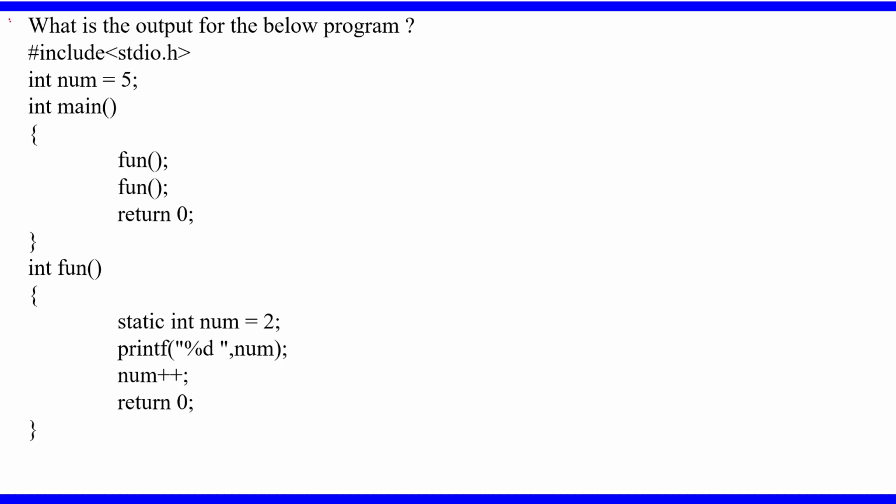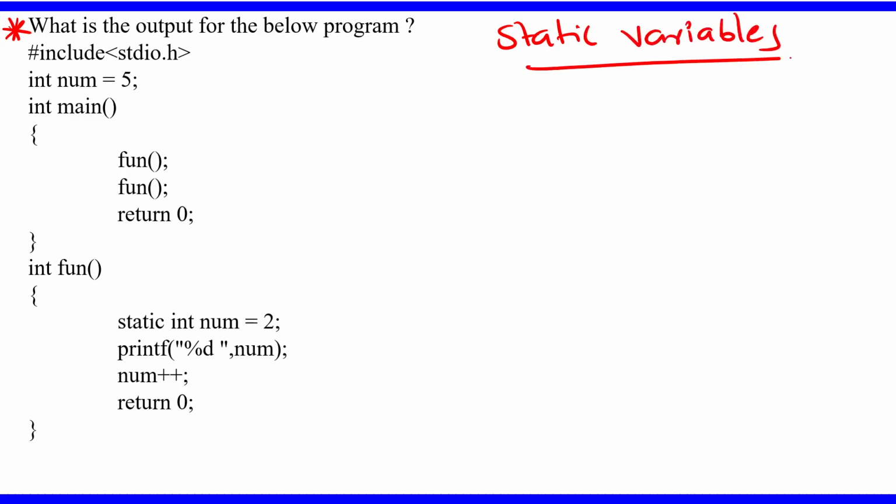Let's see this one problem, an interesting question on static variables. This one problem we will solve and then we'll wind up. Please see this question. Two times I am calling the function fun. So what will it print?